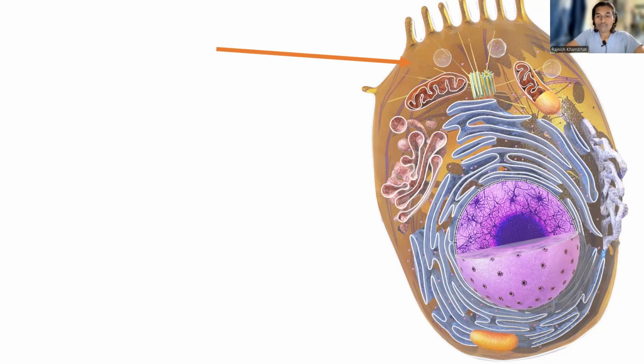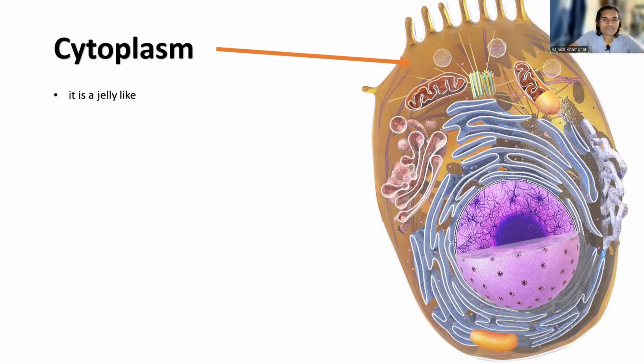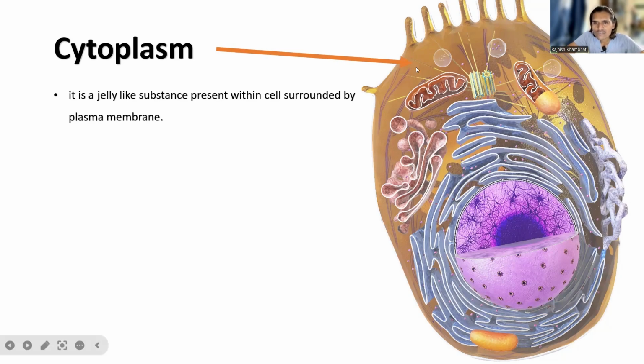Now let's move to the next point, which is cytoplasm. What is this? The cytoplasm is a jelly-like substance present within the cell, surrounded by the plasma membrane. If you see this structure between the nucleus and plasma membrane, this yellow-looking, watery jelly-like structure is the cytoplasm.